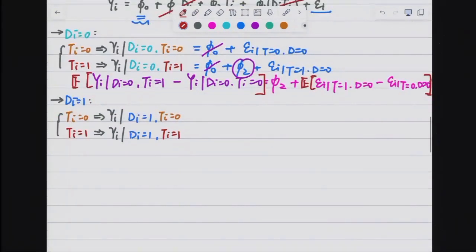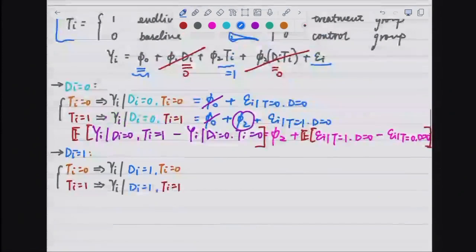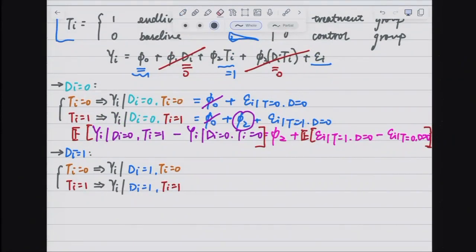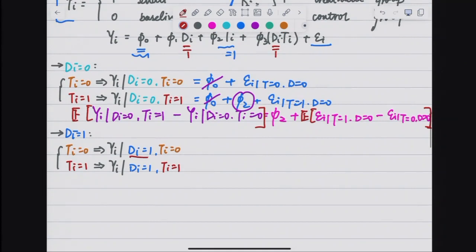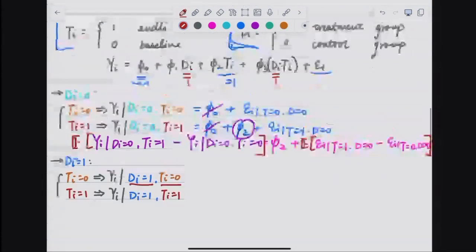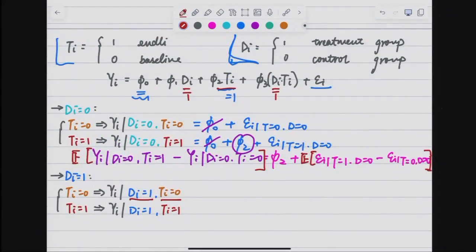Now, if we look at those in the treatment group, the Di are actually 1. This is 1, and this is also 1. For their baseline outcome, so we're looking at those in the treatment group, but at the baseline, so the Ti is 0, that goes away.